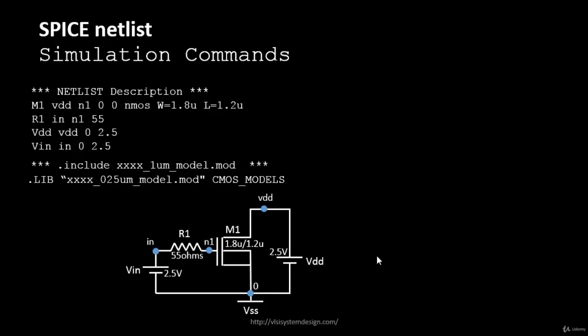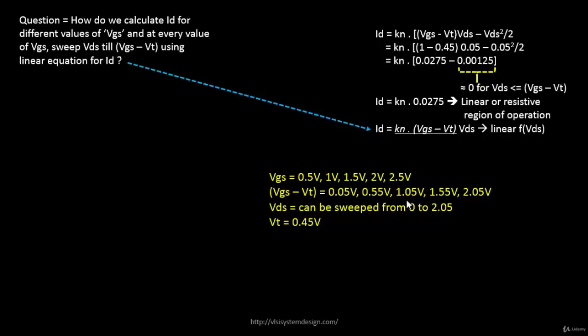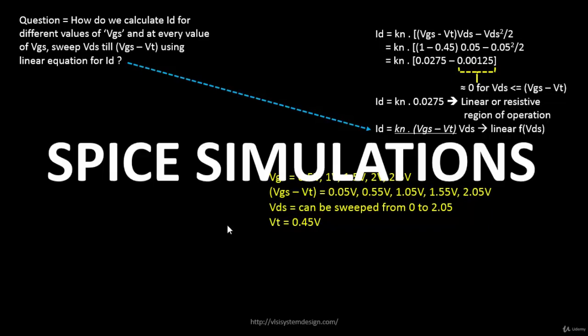We had come up with a question sometime back: we have done this evaluation of the drain current using hand calculation, at a single value of VGS. But if we want to do it for all the values of VGS while sweeping VDS from 0 to the supply voltage, how do we do it? And the answer for that was spice simulations. It makes it very easy. So we'll use spice simulations while calculating the drain current for the MOSFET that we were looking into.